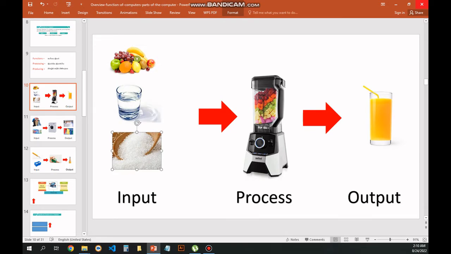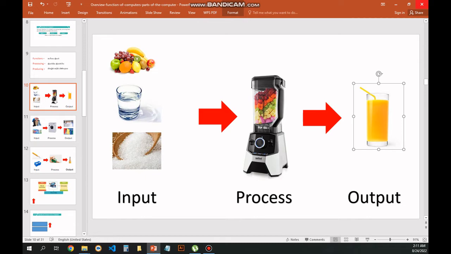Then the process is going to be the mixing, thanks to the blender itself. Then we are going to have a nice output called fruit juice, right? Those are the inputs, here is the process, the mixing, then the output is the fruit juice. I hope it's clear for you all. Again, these are real-life examples. I'm not talking about the computer here, but yes, these are real-life examples, right?